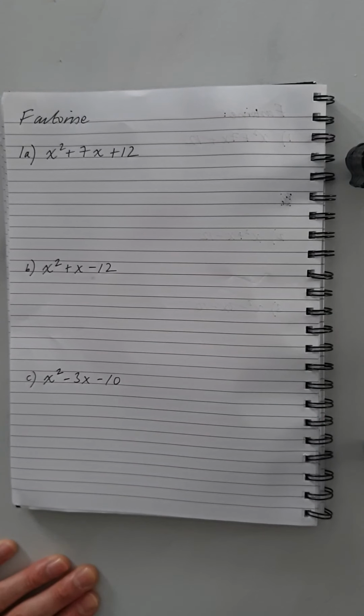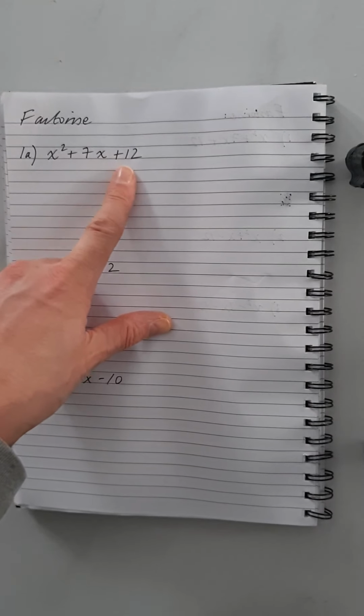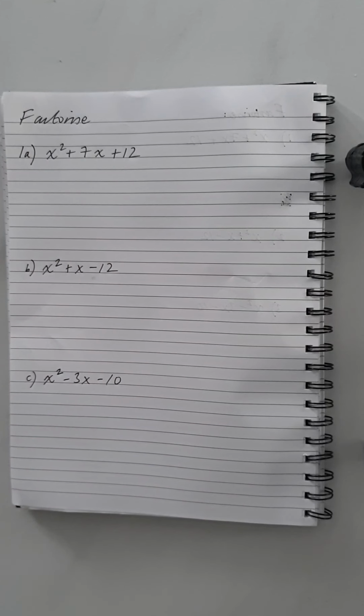Okay, so first thing we need to do is recognise that we're dealing with a trinomial, or what's called a quadratic, because we have a squared term, a letter term and a number term, and you must have that to apply this factorising technique.